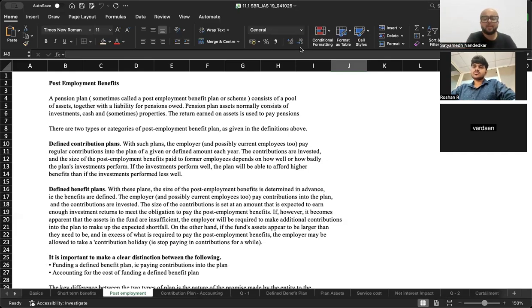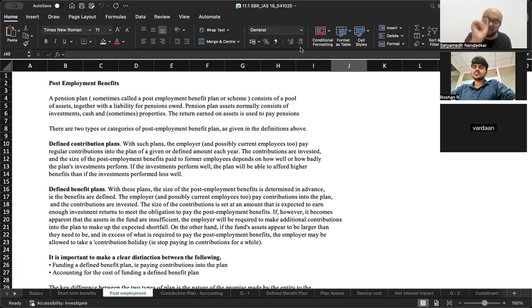For that, I'm contributing a certain amount to a special fund every year. Suddenly the economy is going through a downturn, so the returns on these assets are not as much. Now, my fear is, I have promised a certain amount to Roshan and the investments are not generating the return. In that case, I will increase my contribution in a particular month so that I can match up to the promised amount.